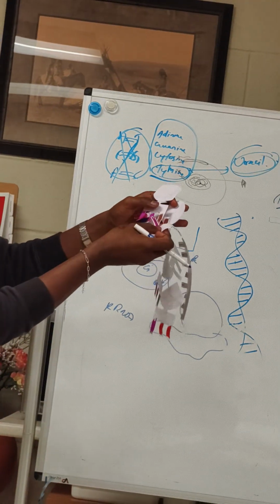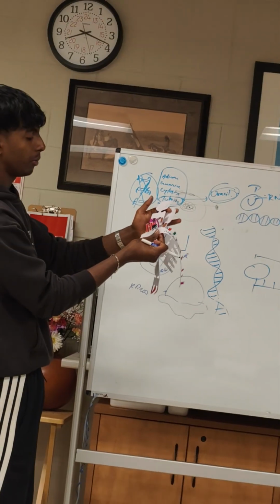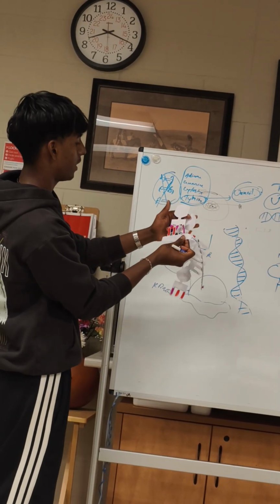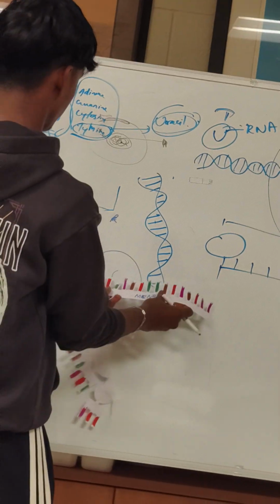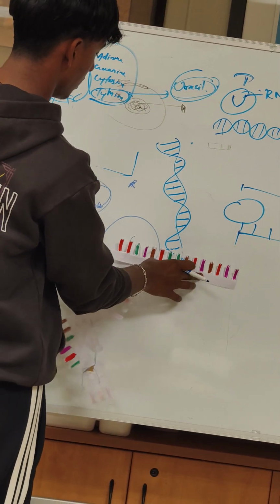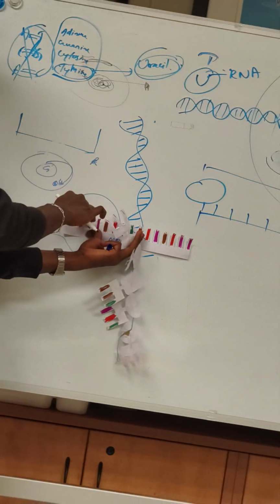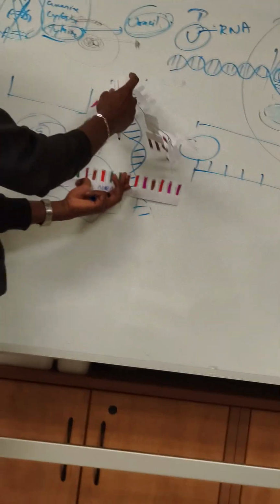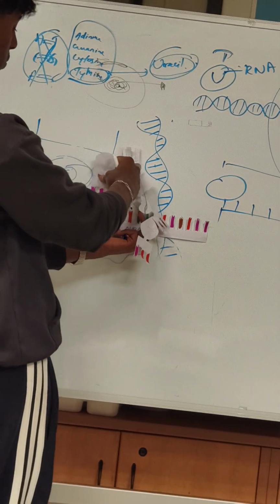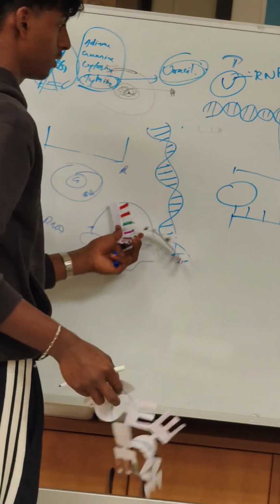There you go, thymine, and it pairs in here, and it will be just the three of this, and the one on top is the protein. So first, mRNA just finds the three codons that match with this or that can code with it, and then it brings the first one, and then the second one.